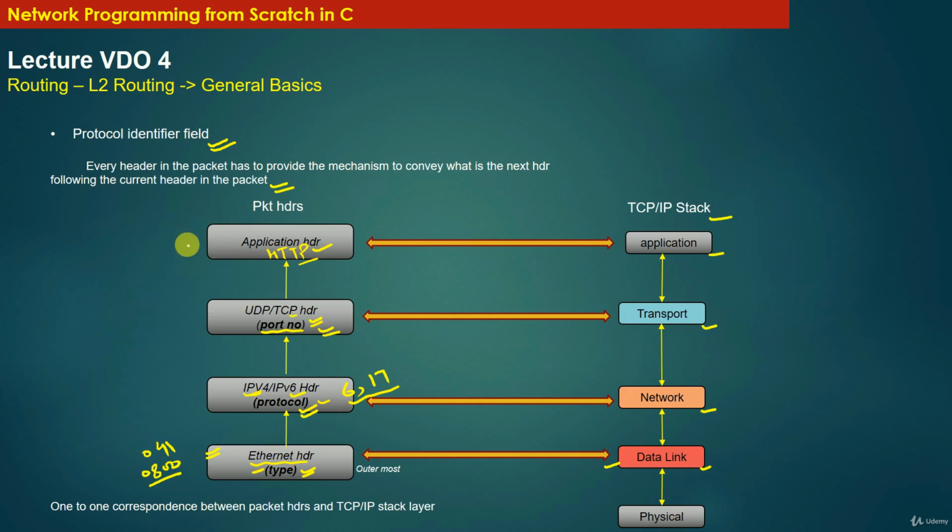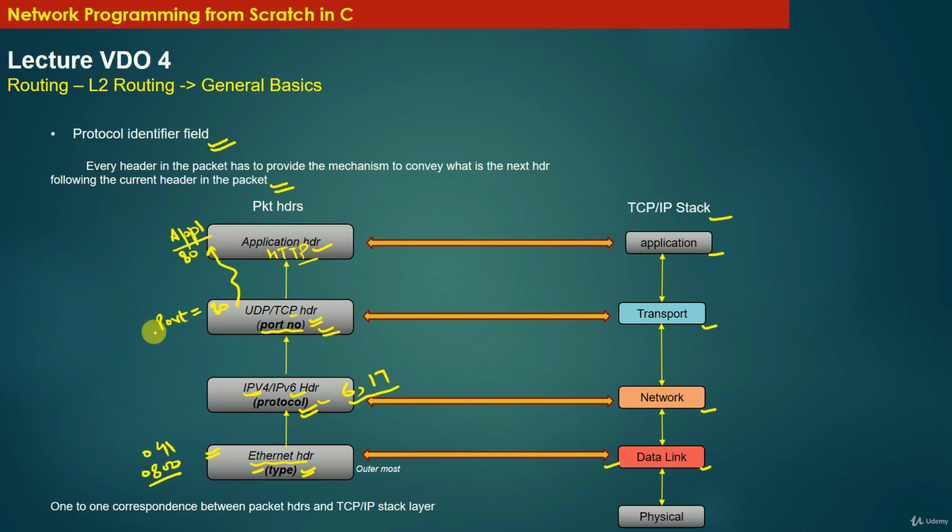So for example, you have an application 1 and this application is listening on port number, say, 80. Now if a packet arrives on the machine and the port number specified in the UDP header of the packet is 80, then the operating system knows that this packet needs to be delivered to application 1. So port number is actually the identifier of the application running in the application layer of the TCP/IP stack.